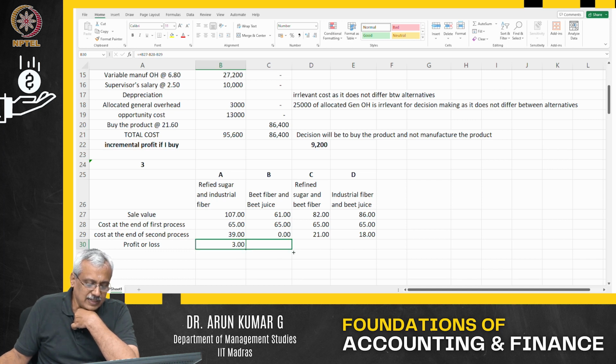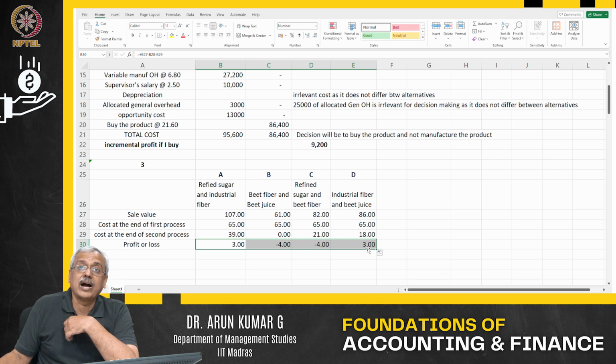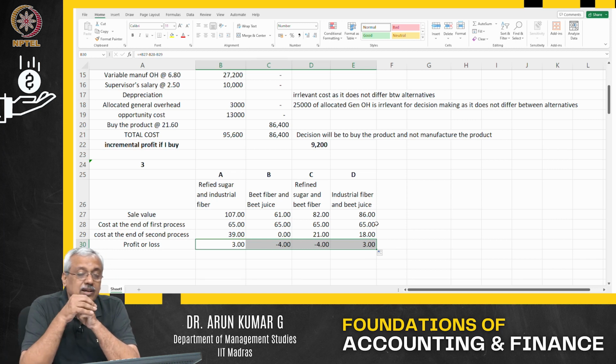If I sell it as beet juice and beet fiber, I make a loss of $4, so that option I will not even consider. If I make refined sugar and beet fiber, again I make a loss of about $4, so I will not consider that either. Then industrial fiber and beet juice: if I sell, I make a profit of $3, and it is the same as the other profitable option.